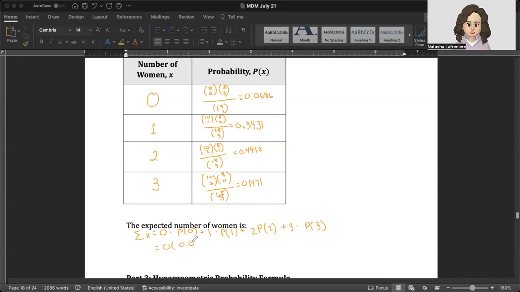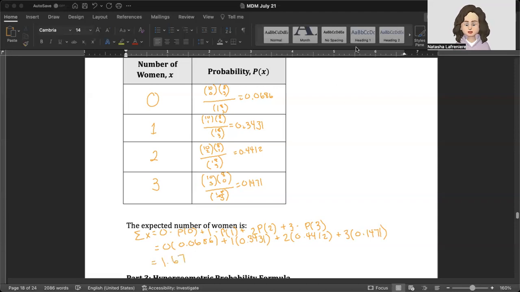So we have 0 times 0.0686, plus 1 times 0.3431, and it keeps going. It's equal to 1.67.